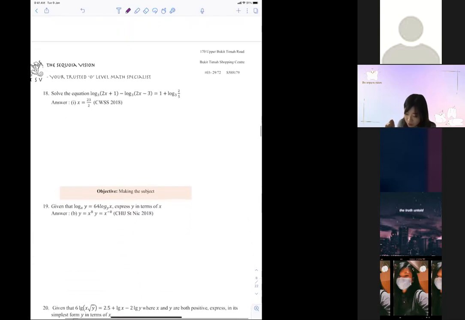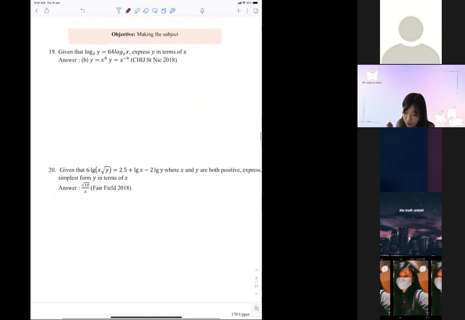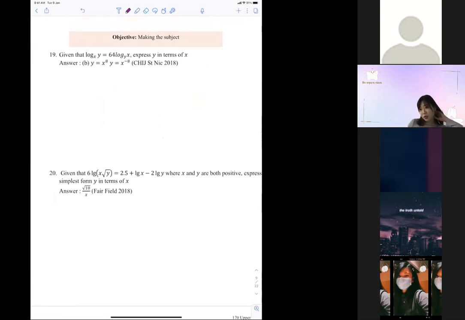I'll skip 17 and 18. Let's look at 19. Okay, you know that power must bring down. If you have an equation, you try to make the base the same. And then if the base is not what you want, try to make base the same by changing the base. So now we can make the subject.